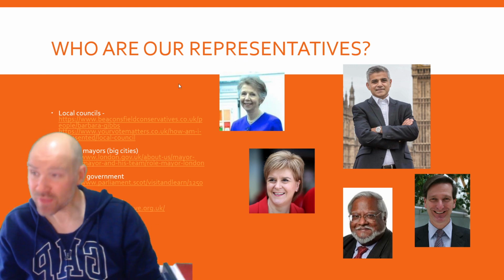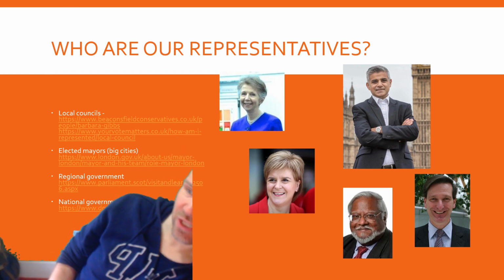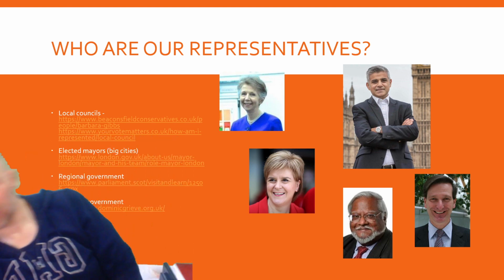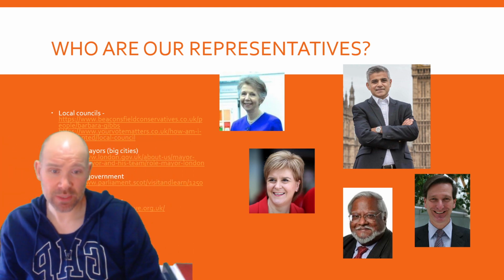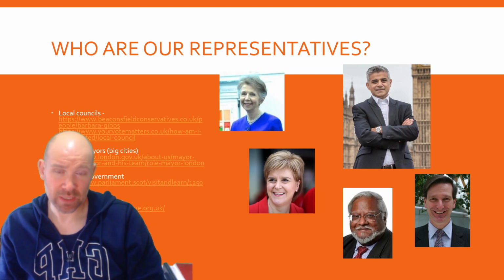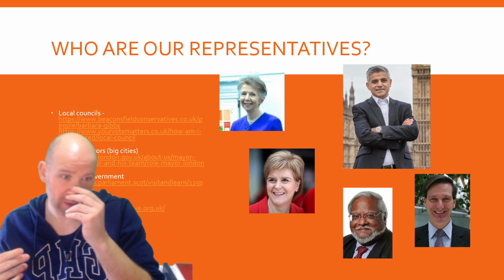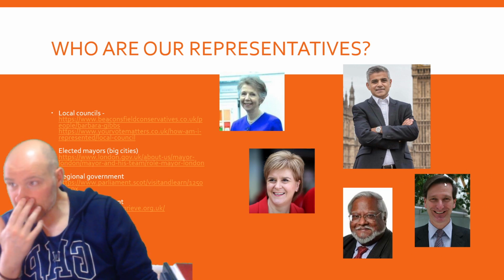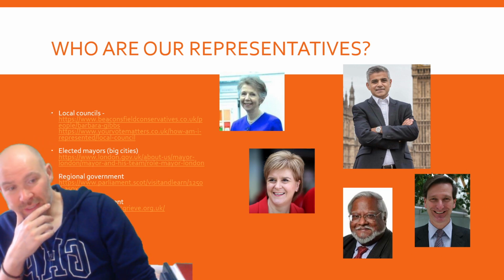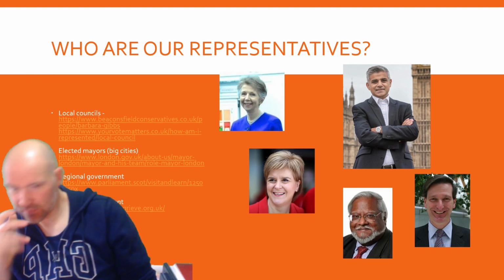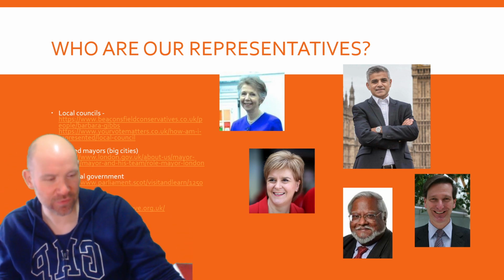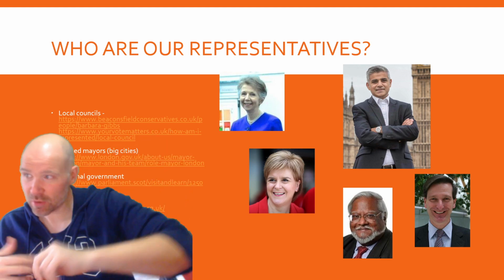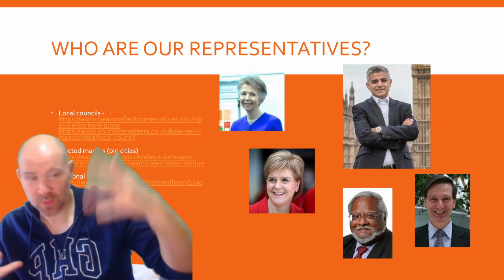Now, then, of course, there is the national government, which is behind me here, which famously would be your local MP, which is what we mostly think of when we think about elections. In Gerrards Cross, it used to be Dominic Grieve, but I'll come back to that point a little bit later. And once every 4 to 5 years, or less, depending on which year you're living in, you get to vote, you put a tick in a box, and whichever person gets the most votes becomes the MP.